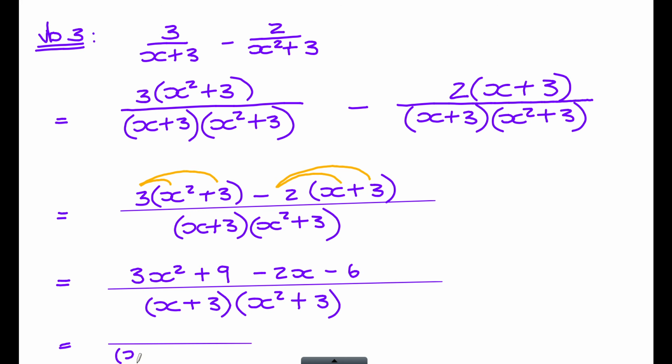Onder bly my hakies x plus 3, x kwadraat plus 3. And at the top, 3x squared, there weren't any like terms, so that stays 3x squared. Die minus 2x bly net so. Maar nou by my constantes, 9 minus 6 will give me 3.